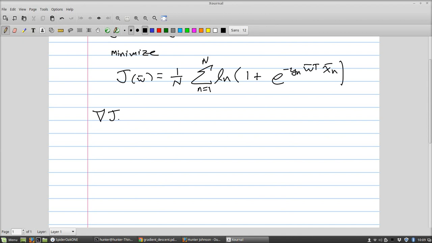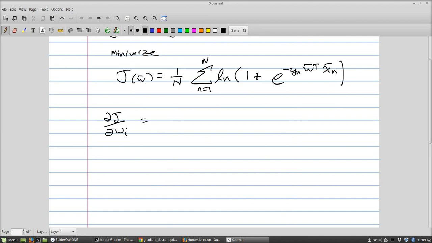Instead of just writing it down directly, let's take a couple of partial derivatives and try to figure it out. So what is the partial derivative of J with respect to, we could say w0, or should we try wi? I hope that's not going to be too conceptually weird for anybody. So we'll take this partial derivative.